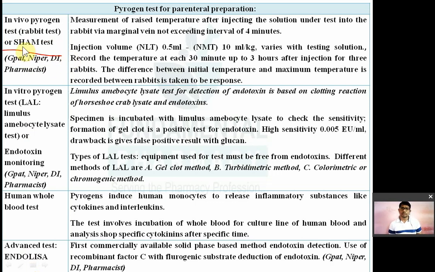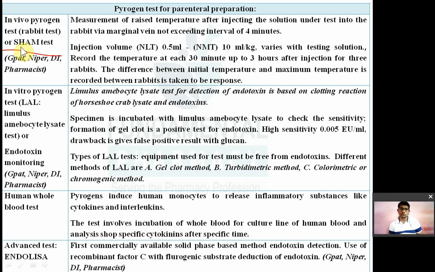Now once you have selected the rabbits, everything is okay, rabbits are not having temperature difference of more than 0.2 degrees Celsius in their body temperature, all have similar body temperature. So take such 6 rabbits. Now what you have to do, you have to take your product because you want to test whether your product has pyrogens or not.